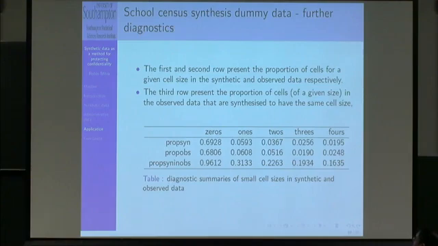From a confidentiality point of view, the ones are perhaps of interest because those are cells that only had one person in, and you can see that less than a third, about 31% of cells that were one stayed one. So from a confidentiality point of view, it's good to see there's quite a bit of movement in these small cells. That's the sort of thing that we've looked at too.